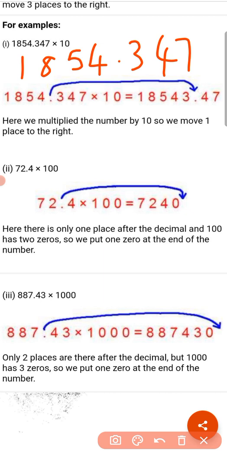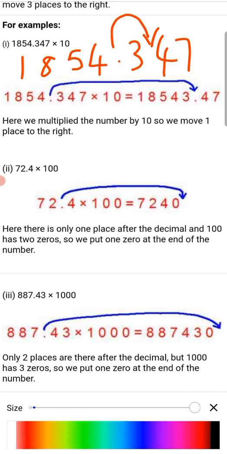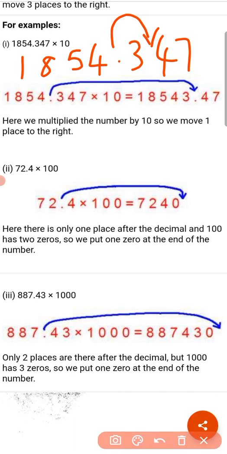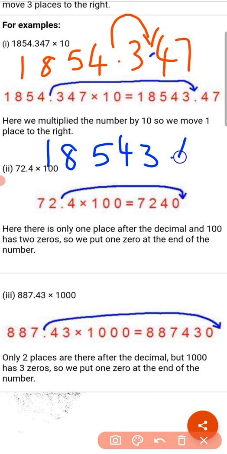That means we should move the decimal point 1 place to the right side. 1 place. So the position of the decimal point is here. So our answer is 18,543.47.